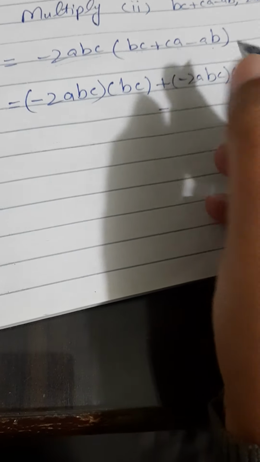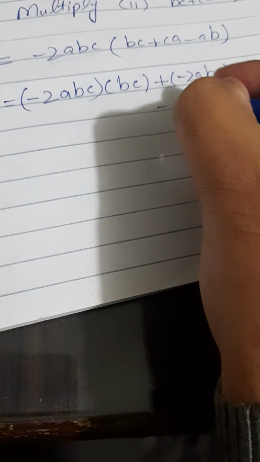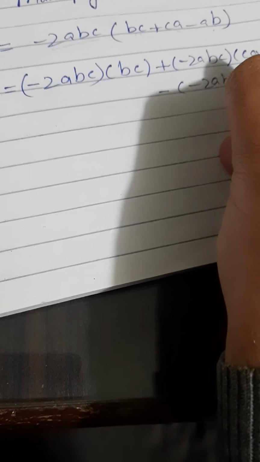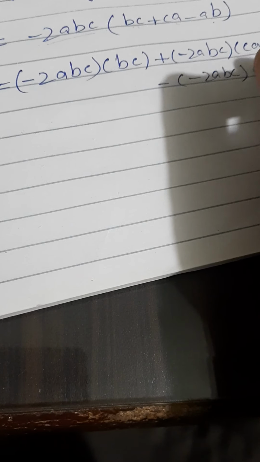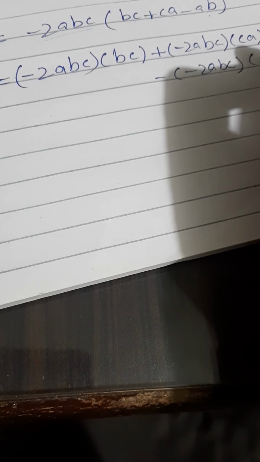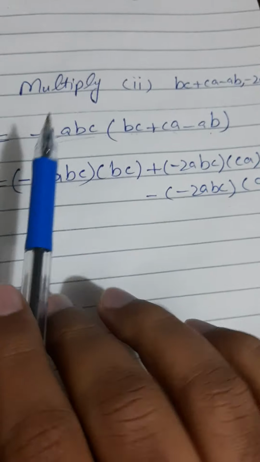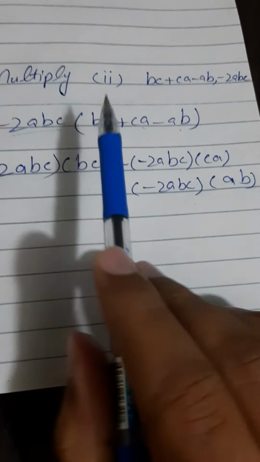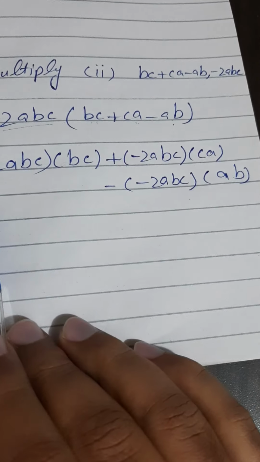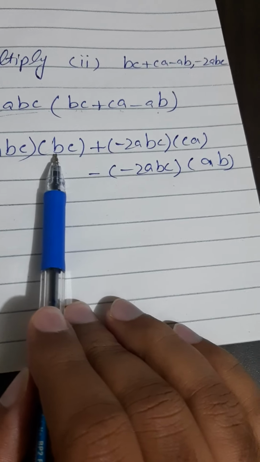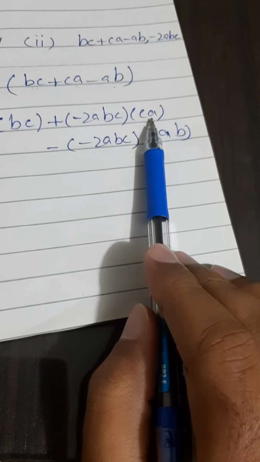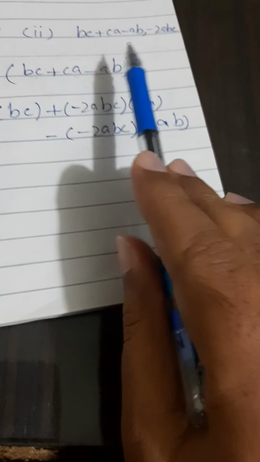Then there is negative, minus 2ABC multiply with minus AB. Minus 2ABC we have to multiply with this expression. So minus 2ABC, first we multiply with BC, then second term CA, then third term AB.